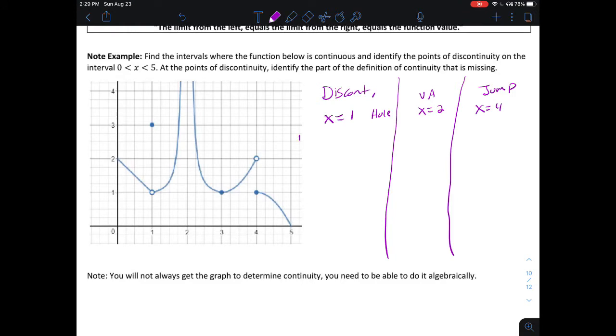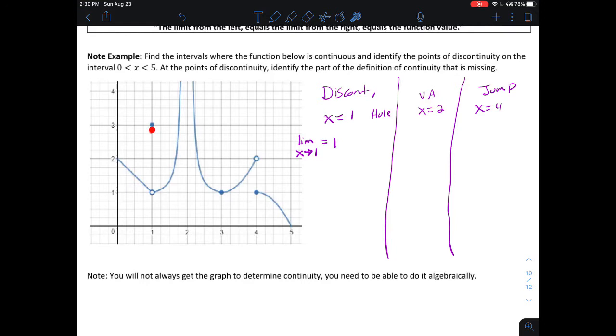So we have a hole discontinuity. What we have here is the limit as x approaches 1. The limit exists because both the left and the right-hand sides equal each other, and in fact, the limit itself equals 1. So the limit as x approaches 1 is equal to 1.